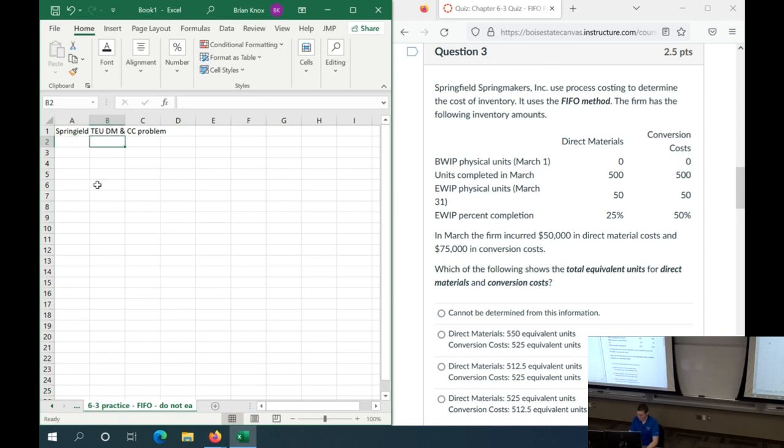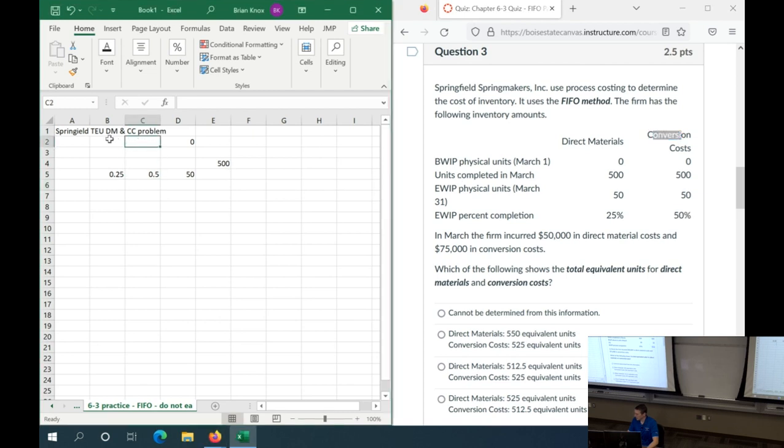So we have 0 physical units in beginning WIP. We have 500 units completed, and we have 50 units in ending WIP. These 50 units are 25% complete with respect to direct materials, and they are 50% complete with respect to conversion costs, just pulling off the table right here.